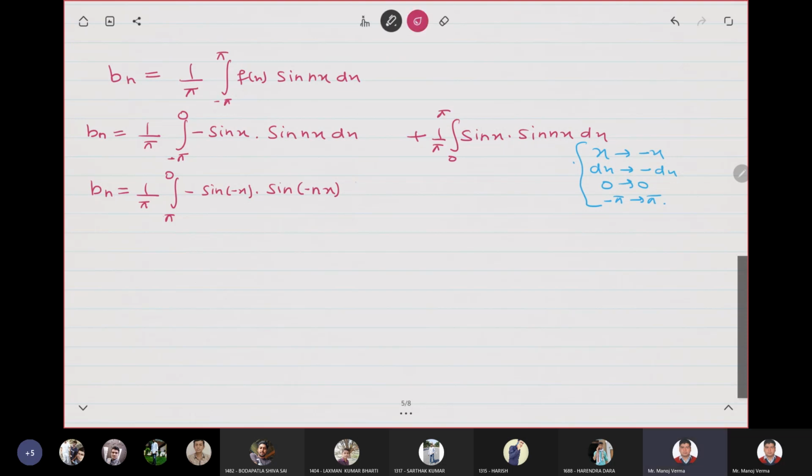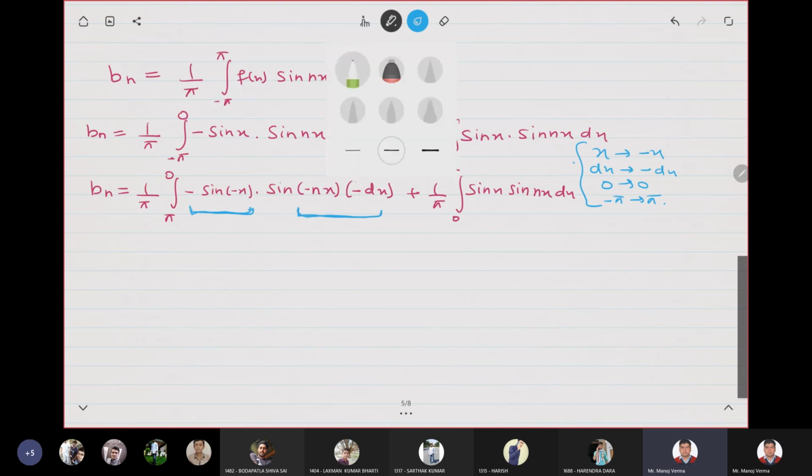And the second expression will remain as it is, 0 to pi sine x sine nx dx. Again in first integral, you can see these negative signs will be adjusted, both negative signs will be adjusted, and again these negative signs will also be adjusted.